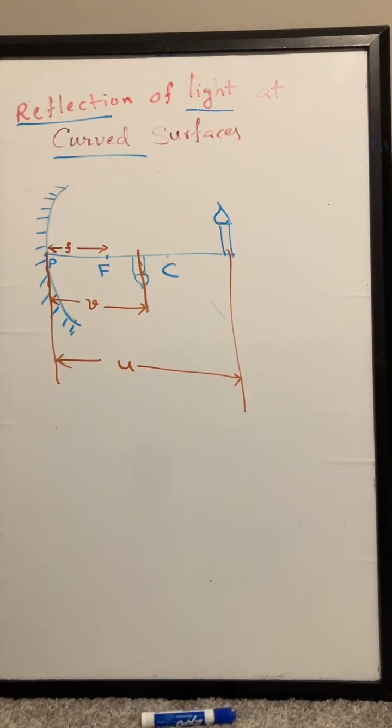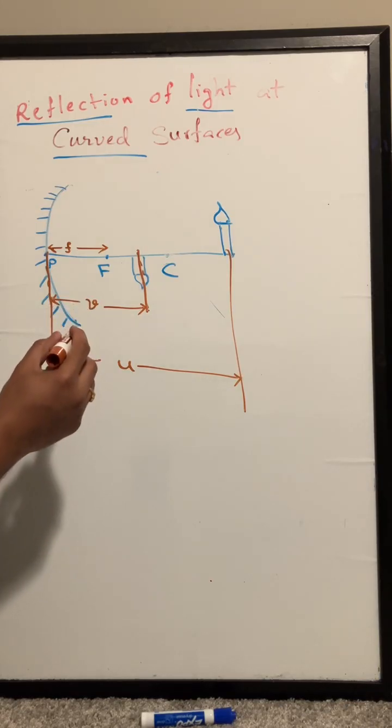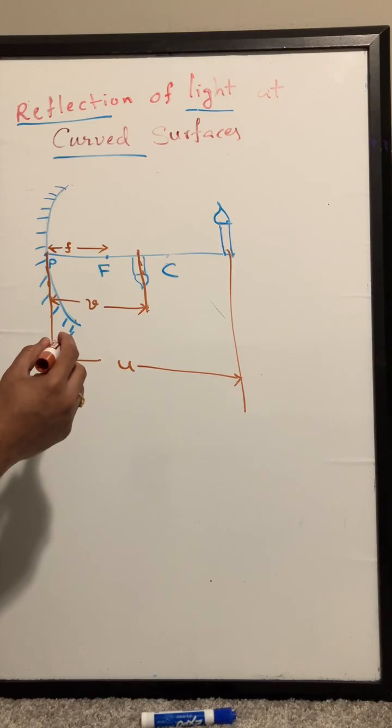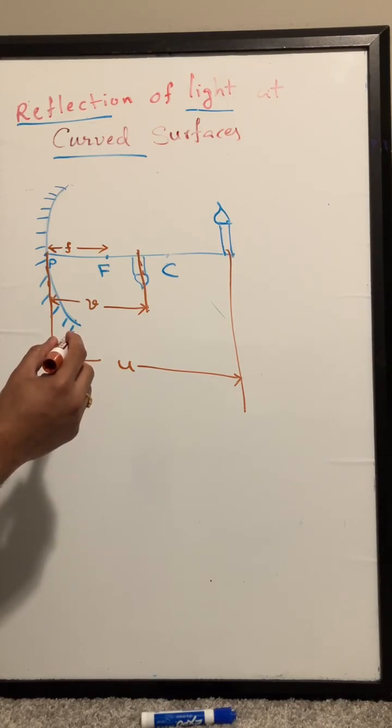Yeah. So now we are going to discuss the signs, when we have to take positives and when we have to take negatives. So before that, you already know all these points.